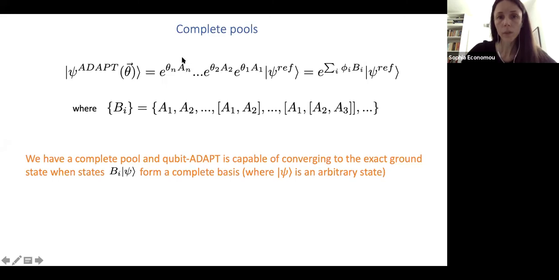So what we're doing here is we're taking the operators from the pool, which are A's, and we're taking their commutators with those. We create the full algebra here, and we create the set B over here. So the statement is that we have a complete pool if from any arbitrary state we can get into any other state by applying these B sub i's.